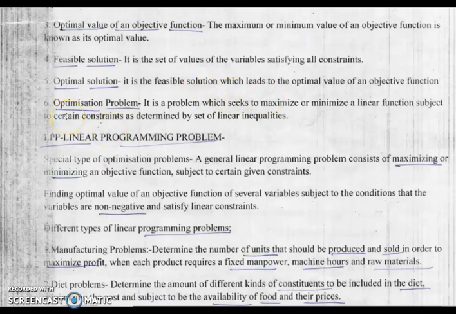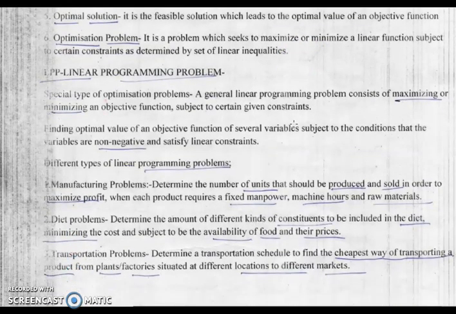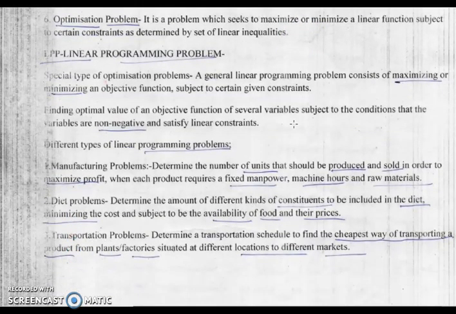And sixth one is optimization problem. It is a problem which seeks to maximize or minimize a linear function subject to constraints determined by a set of linear inequalities. Okay. So, what is a linear programming problem? A linear programming problem is a special type of optimization problem.